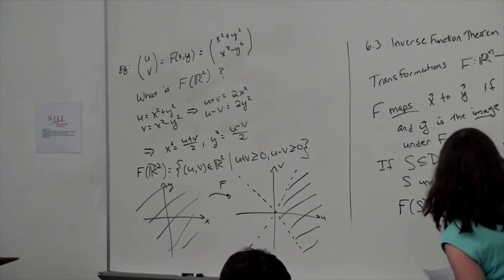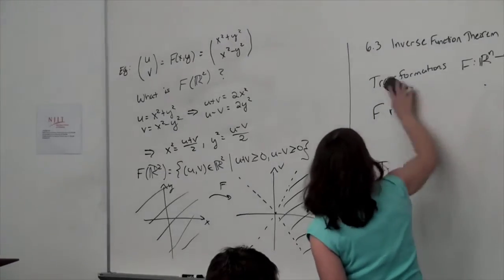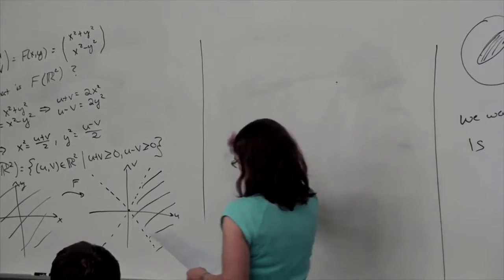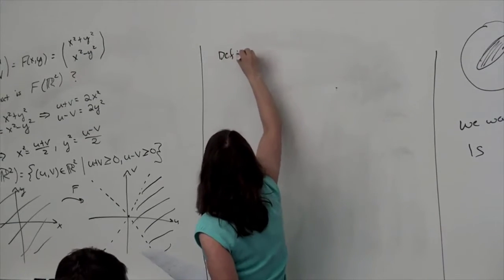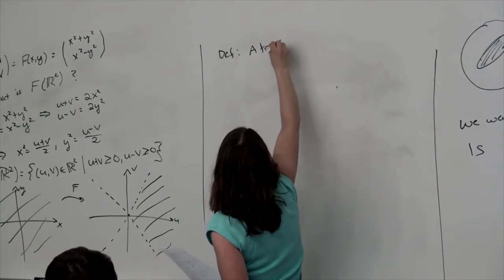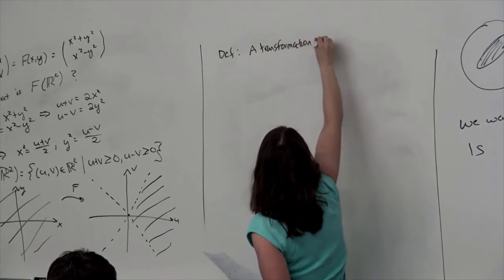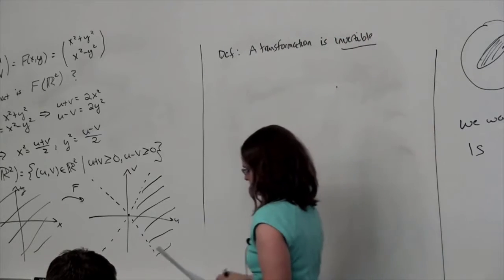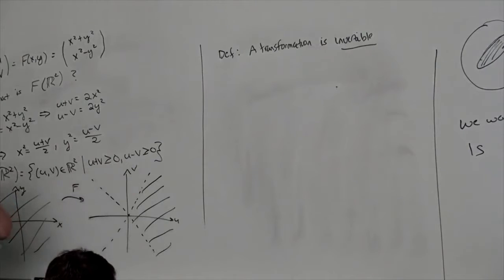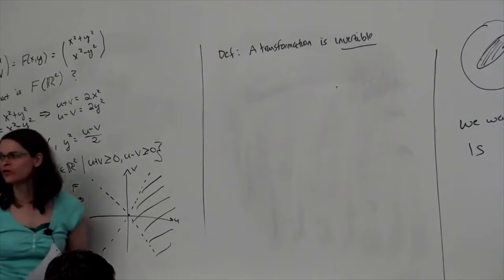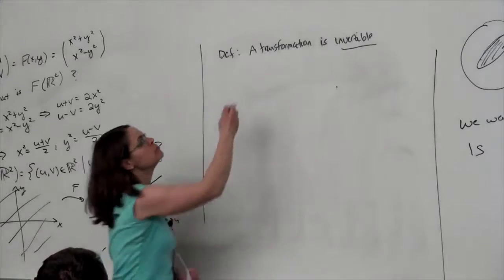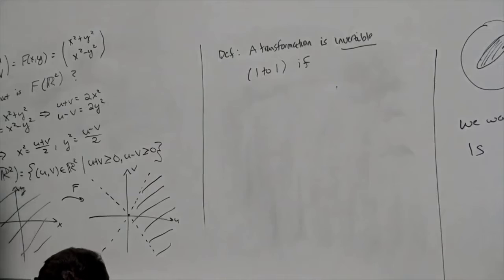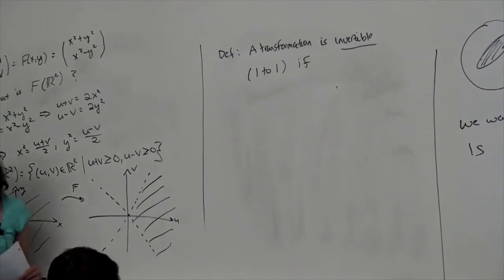And this starts to come now to the issue of invertibility. So we're going to say that a transformation is invertible, you'll also have heard the language one-to-one, if two different inputs will always give you two different outputs.